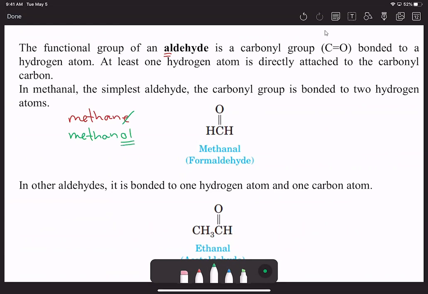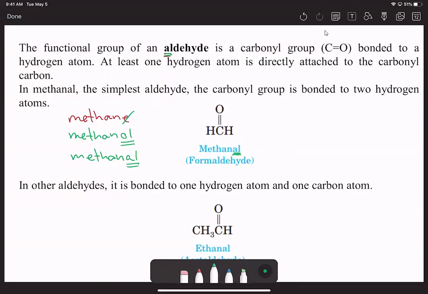Well, here, you'll notice this is an AL because it's an aldehyde. So instead of an OL, we're going to end them with AL. We still drop the E, but we're going to write the letter A instead of the O.